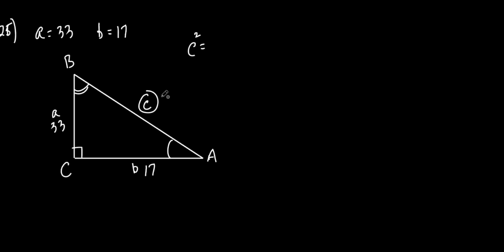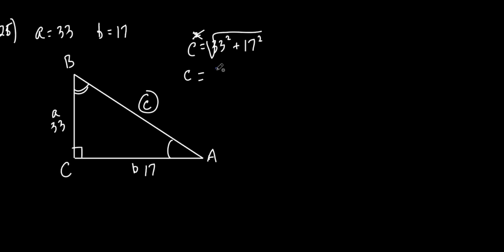I think we've already done one just like this, but let's do it again. So C squared is equal to 33 squared plus 17 squared. Take the square root of both sides, plug that into your calculator. I'll just put it all in my calculator at once. So 33 squared plus 17 squared equals that number. Take the square root, and it's 37.1.